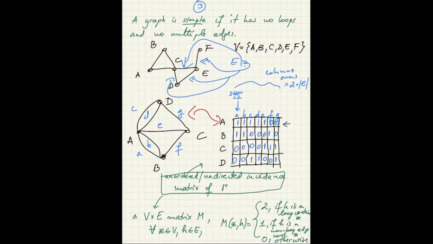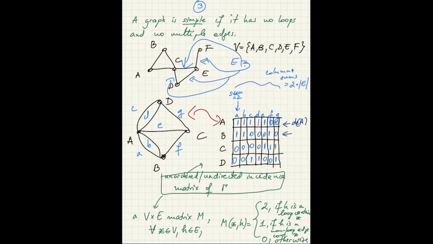We are going to see a 1 whenever the corresponding column edge is a non-loop edge that contains the vertex A, or you will see a 2 for each loop that contains that vertex A, or you'll see a 0 if the column corresponds to an edge that doesn't contain A. In that case, when you sum up all the entries, you will get the degree of that vertex.